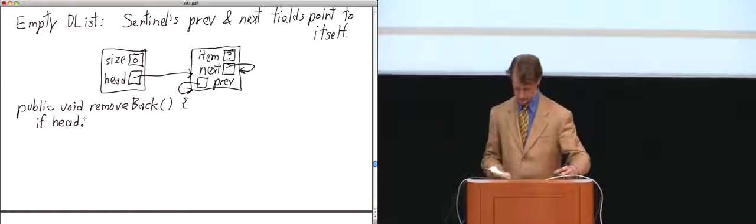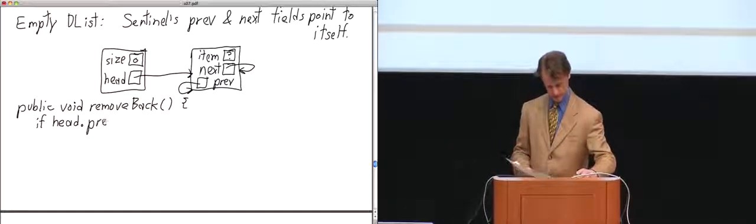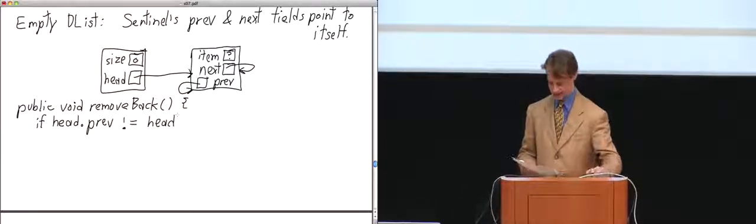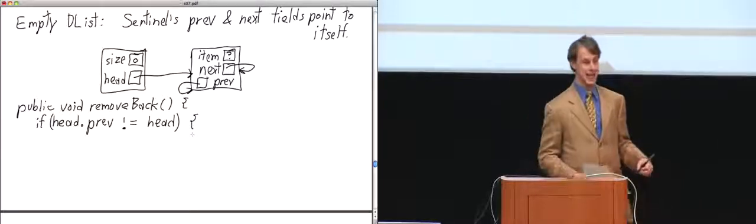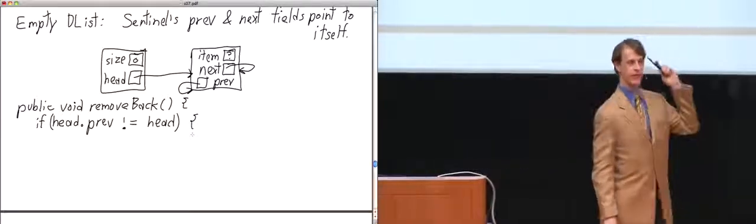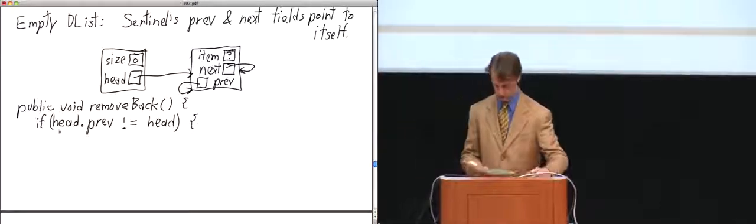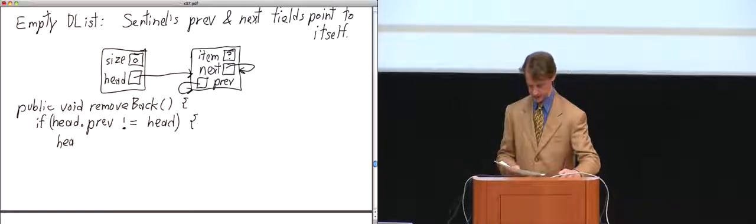To check for the special case, we just make sure that head.prev is not equal to head. In other words, the sentinel does not point to itself. If it does point to itself, if those two are equal, we do nothing. If it doesn't point to itself, then these two are not equal, and we go ahead and remove the last item from the list.